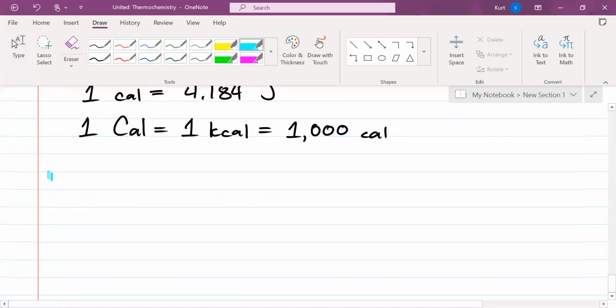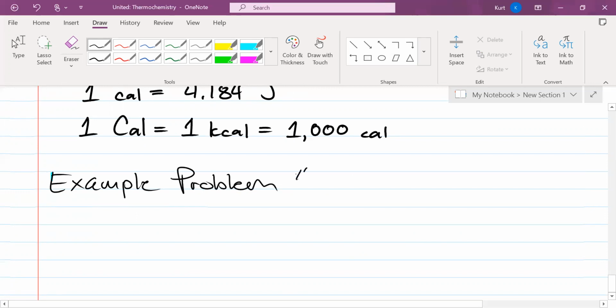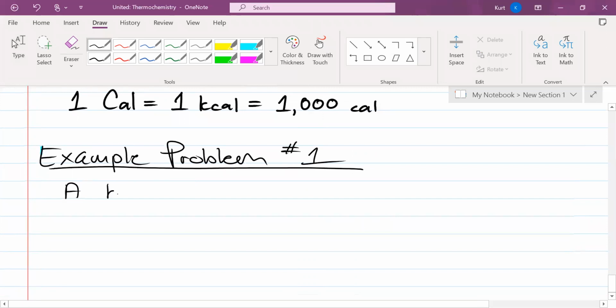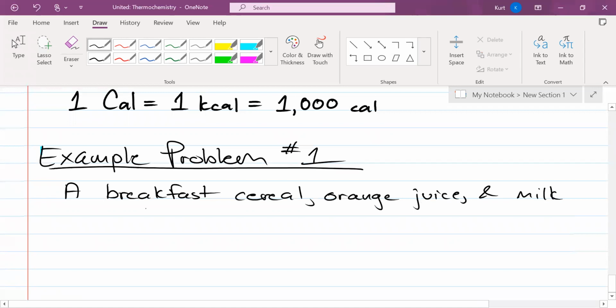So this will be example problem number 1. This is when you need your calculator. A breakfast of cereal, orange juice, and milk might contain 230 nutritional calories.